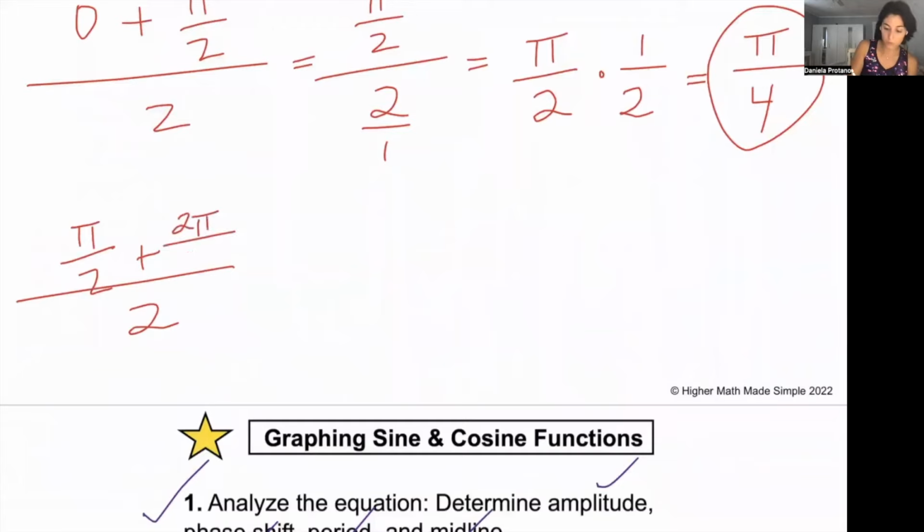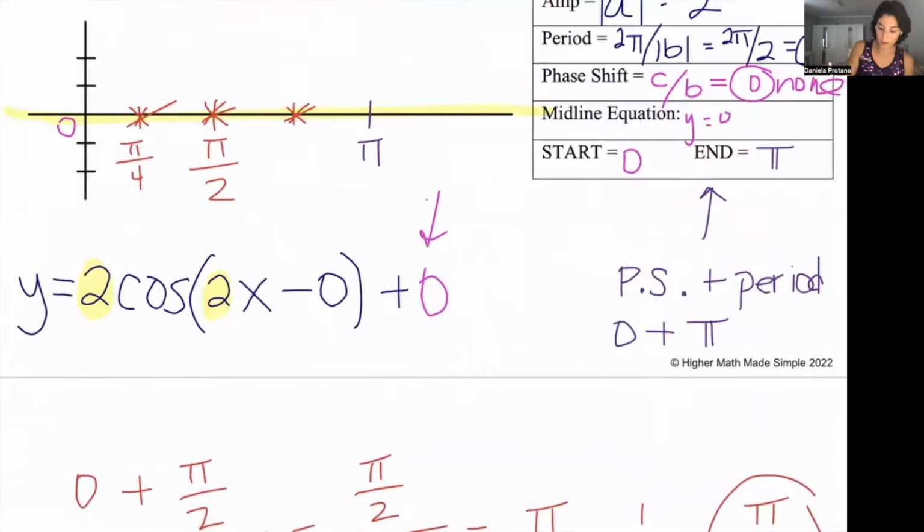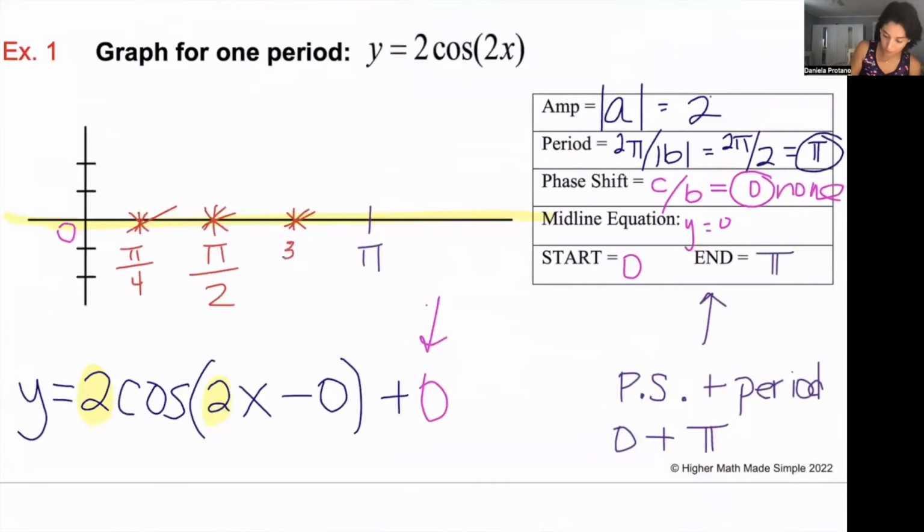Because you multiply top and bottom times 2. So now with a common denominator, pi plus 2 pi is 3 pi. So that's 3 pi over 2 divided by 2. And we'll do keep, change, flip, right? This is over 1. And we multiply straight across. So 3 pi times 1 is 3 pi. And then 2 times 2 is 4. So 3 pi over 4 is going to be right here.